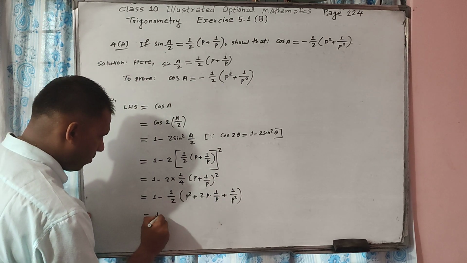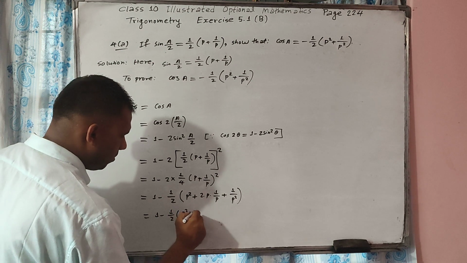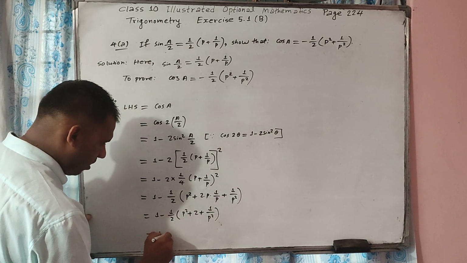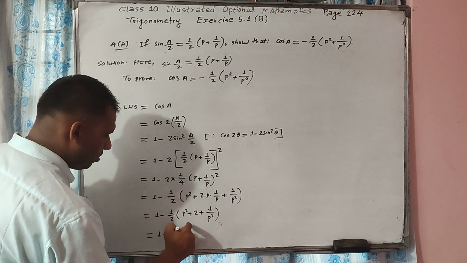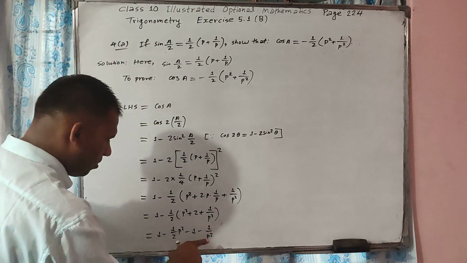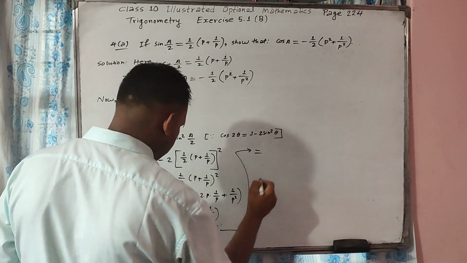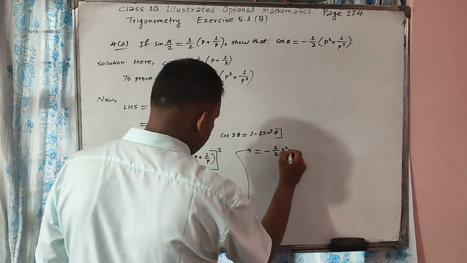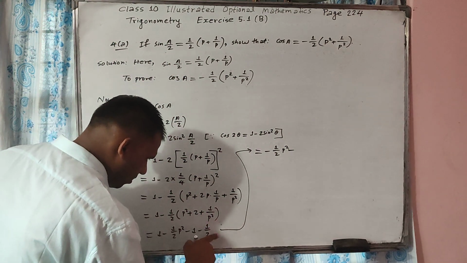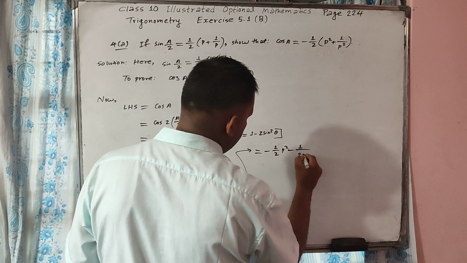Equals 1 minus 1 by 2, p square plus p cancel, plus 2, plus 1 by p square, is equal to 1 minus 1 by 2 p square minus 1 by 2 minus 1 by p square, minus 1 by 2 p square, plus 1 minus 1 cancel, is equal to minus 1 by 2 p square, minus 1 by 2 p square.